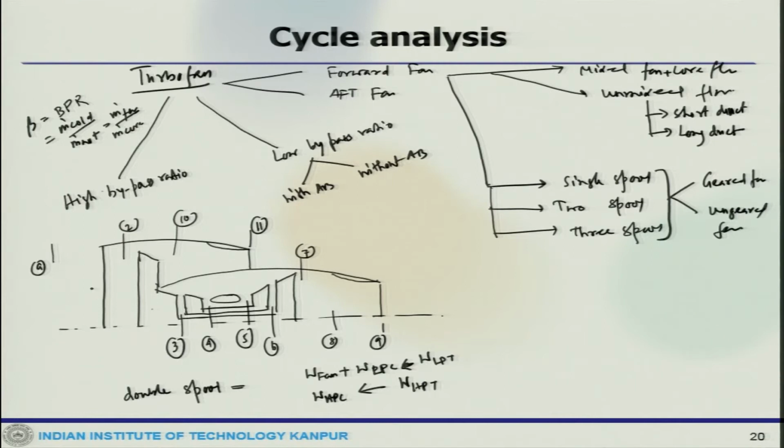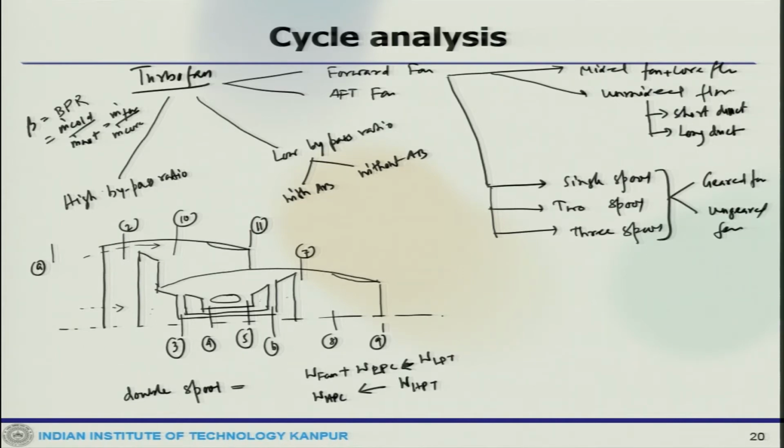Here is the fan, then after that some portion of the air goes to the core, some goes here, this is bypass. Then it is low pressure compressor, high pressure compressor, then high pressure turbine, low pressure turbine, then if AB is there it would be sitting there.